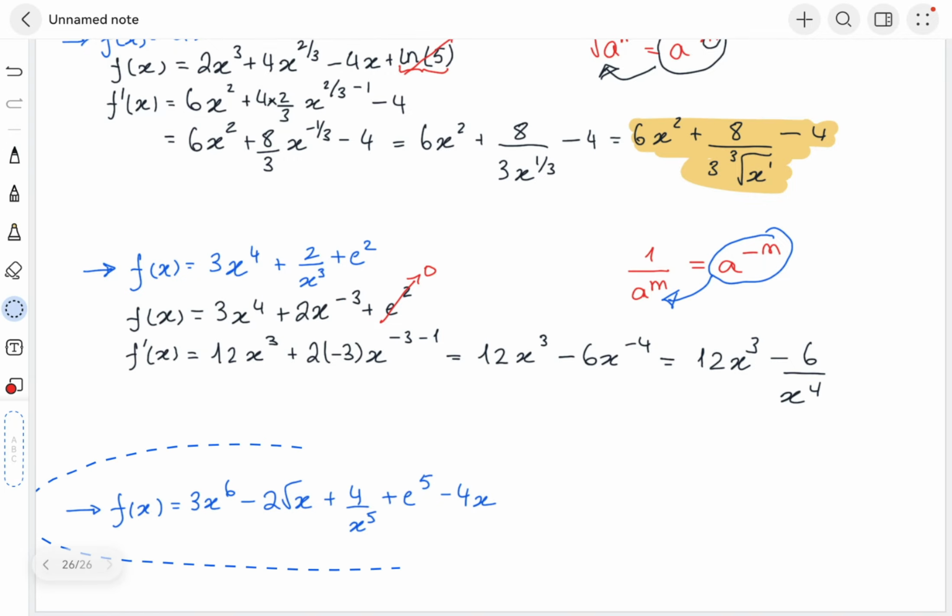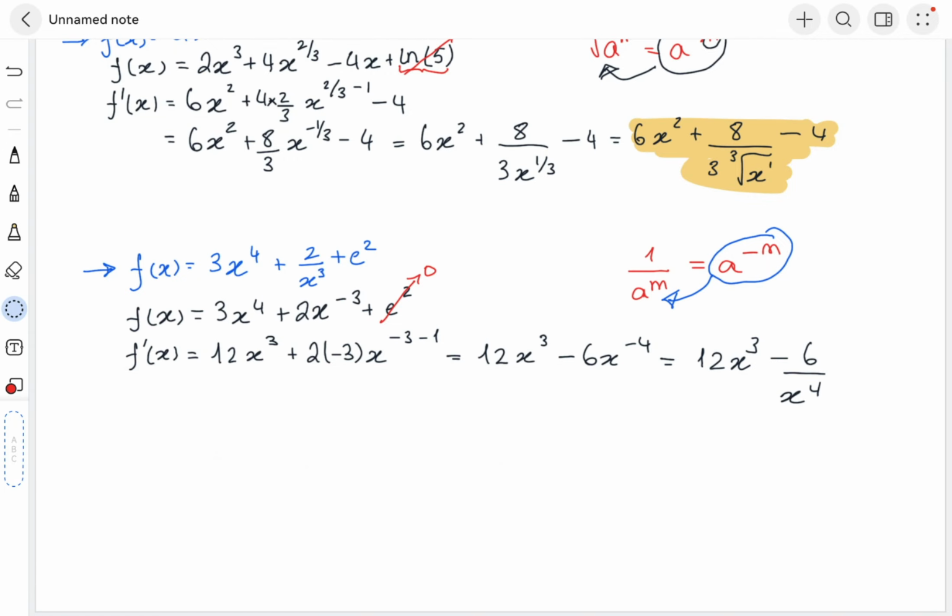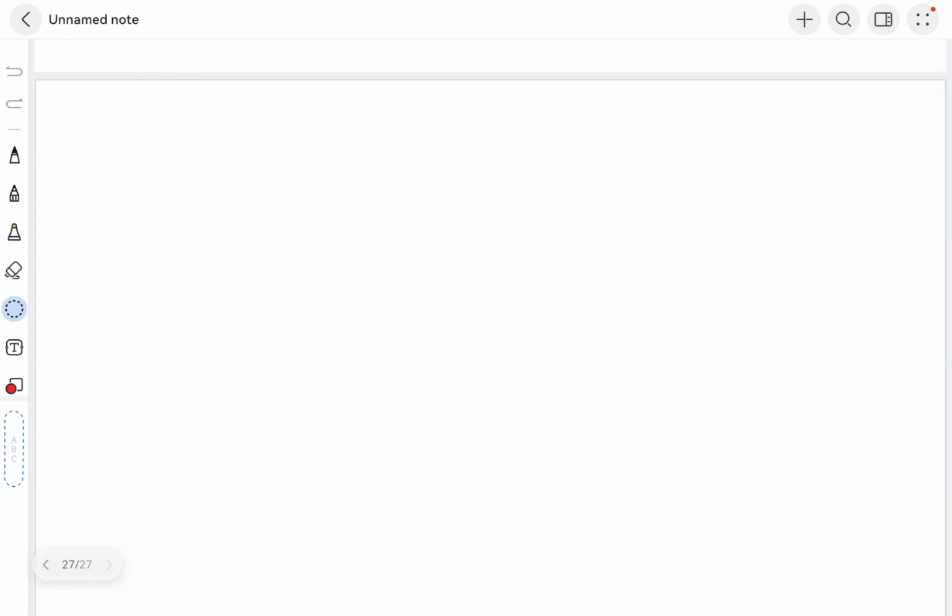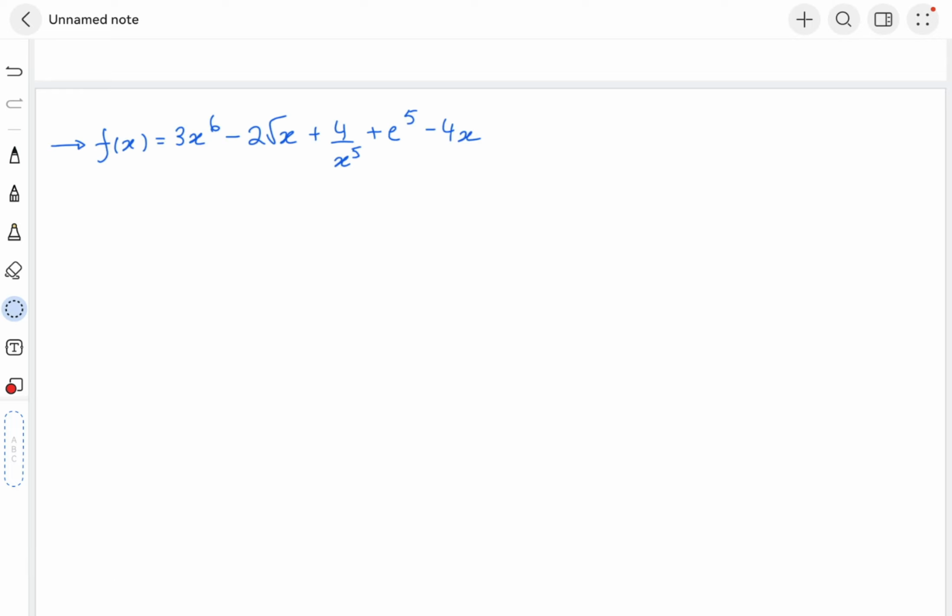Now, let's do this one, which has approximately everything we did so far. As we said, the derivative of a constant c is 0. Derivative of a constant multiplied by x is the constant itself.